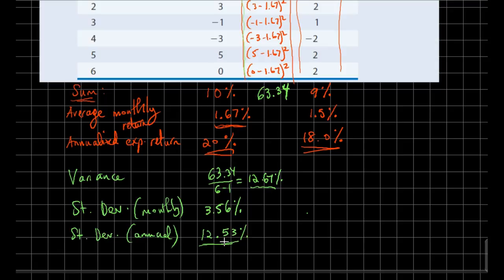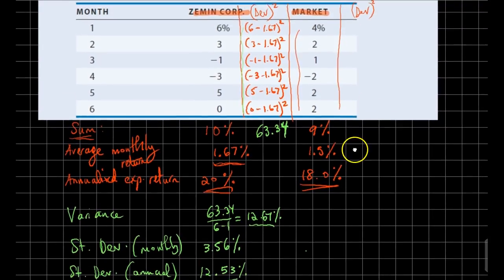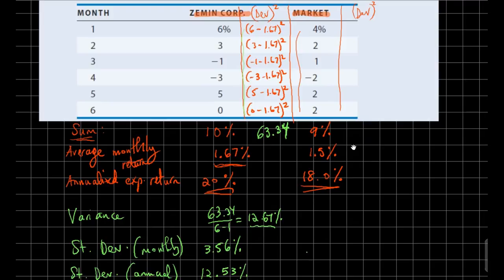We can apply the same steps to the market. In that case, we would have the following monthly deviations. It would be 4 minus, recall that the average monthly return was 1.5, and we square it. Then 2 minus 1.5 squared, 1 minus 1.5 squared, minus 2 minus 1.5 squared, 2 minus 1.5 squared, and finally 2 minus 1.5 squared again.